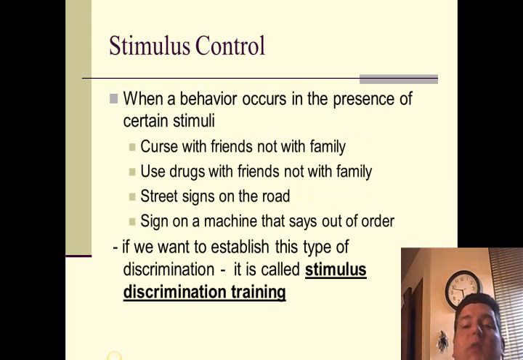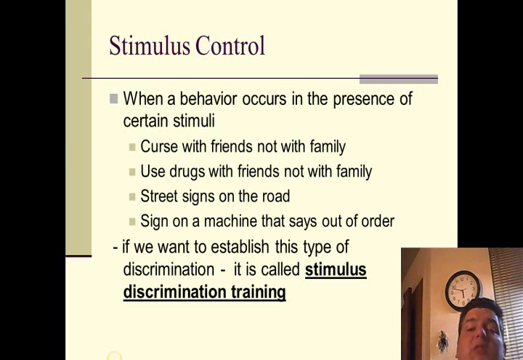Stimulus control: anything in an environment to try and help cause a behavior or prevent a behavior is called a stimulus. A behavior occurs in the presence of certain stimuli, such as cursing with friends and not with family, using drugs with friends and not with family, street signs on the road that tell you to slow down or that the speed limit is higher, a sign on a machine that says it's out of order, a sign in the restroom that says wash your hands.